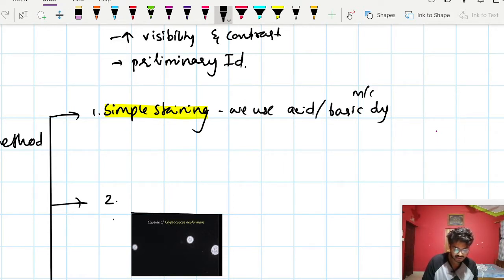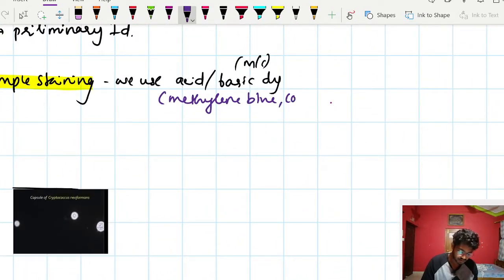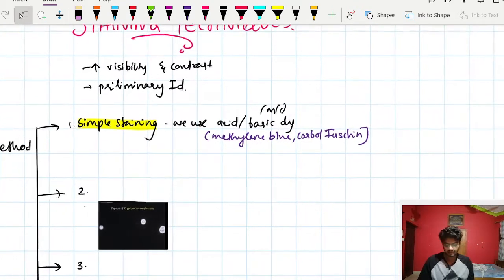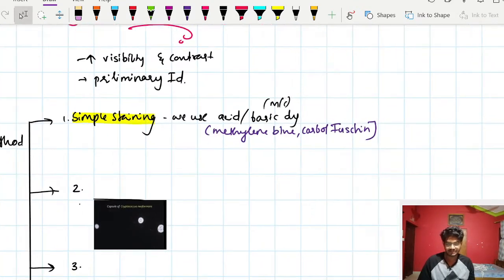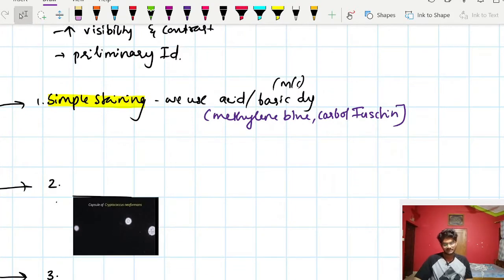Basic dye is the most commonly used, like methylene blue or carbol fuchsin. What happens in simple staining is that the entire preparation on the slide will be the same color. That is the thing with simple staining.